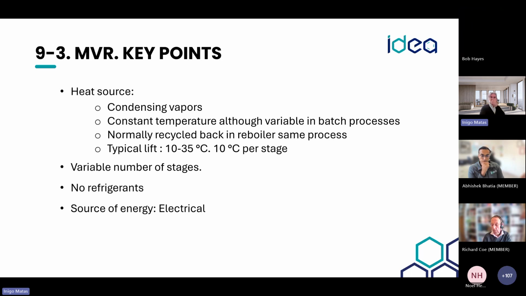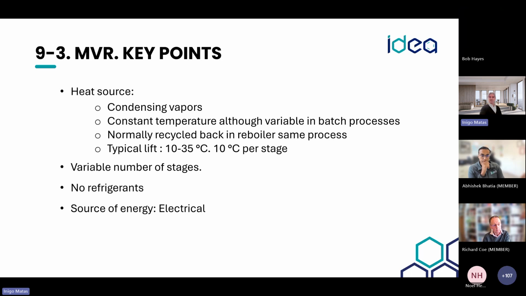The typical lift is 10 degrees per fan. Theoretically we could go to 70 or 80, but the cost of each of the fans is important. So when you go beyond 3 or 4 or 5, it becomes more difficult from a CapEx point of view. But again, knowing the exact conditions for each system is important.